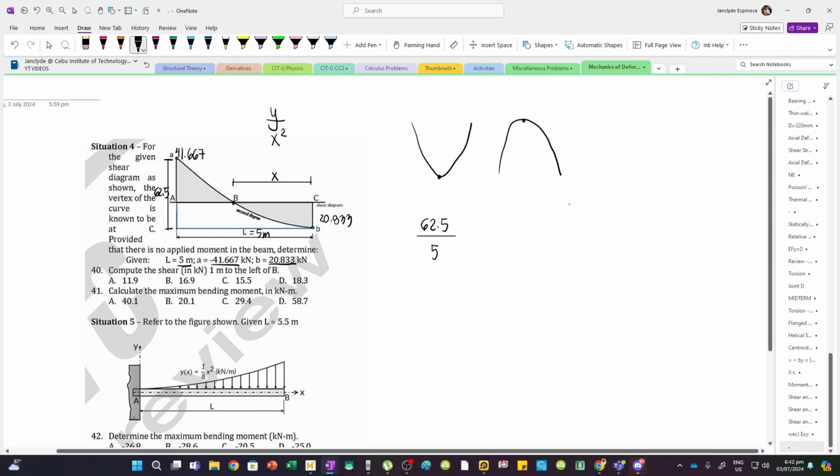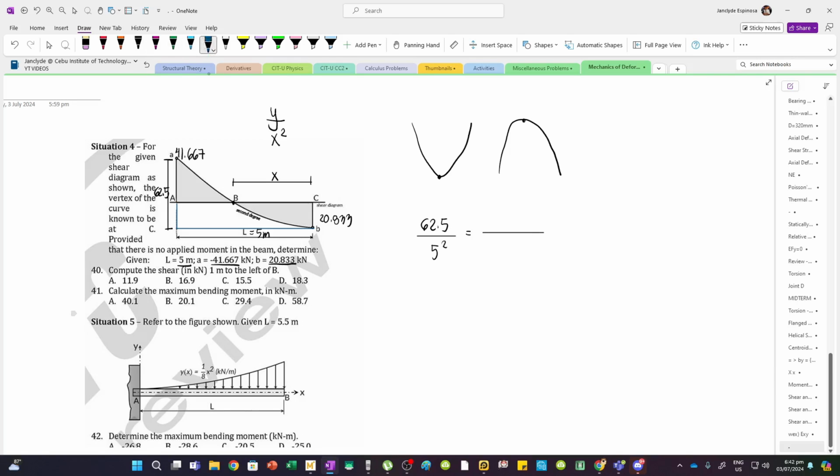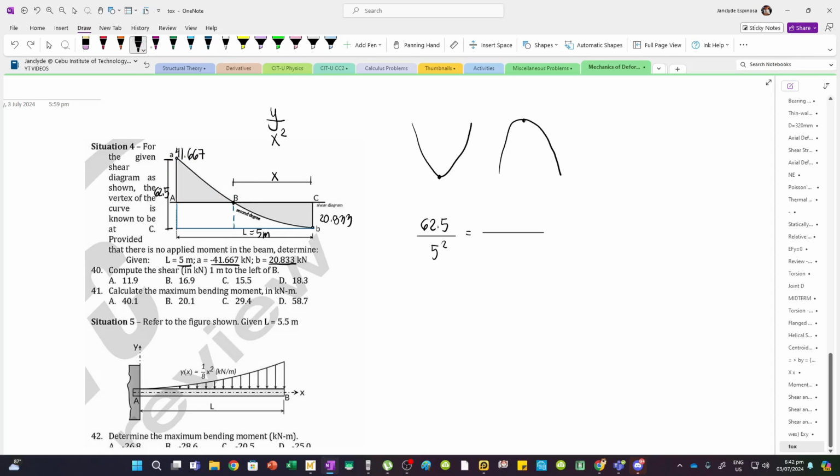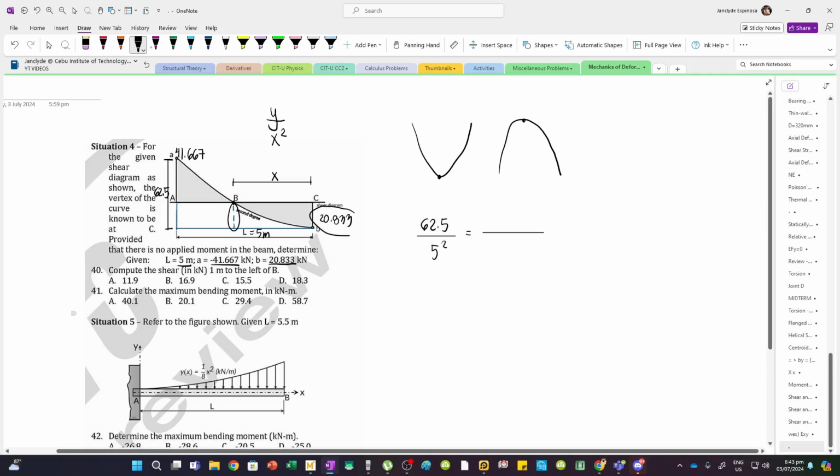Equals, we're going to consider this spandrel. The distance of x must be measured from the vertex. You can't use this one. This is a common mistake. So the height of this spandrel is equivalent to 20.833, and that's to a base of x, so we have x squared.